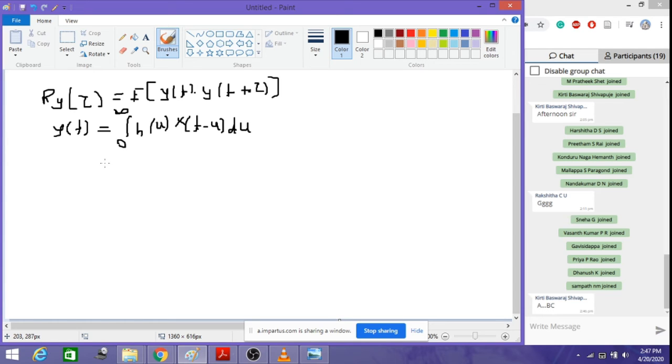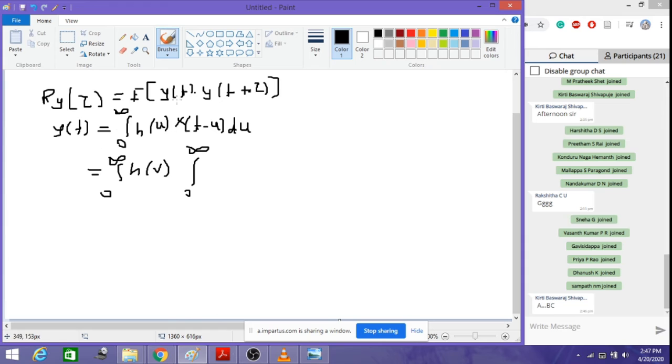Then when we substitute this in the autocorrelation function, we will get an integral from 0 to infinity of h of v into an integral from 0 to infinity.